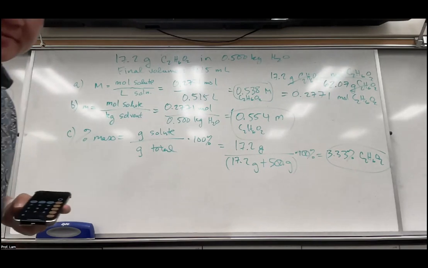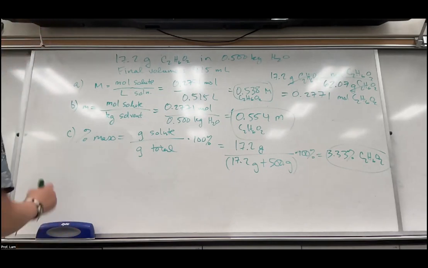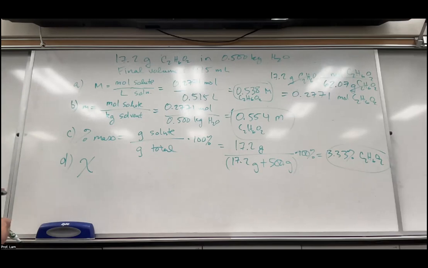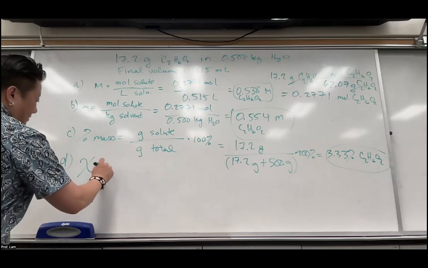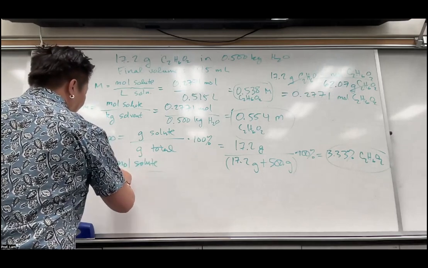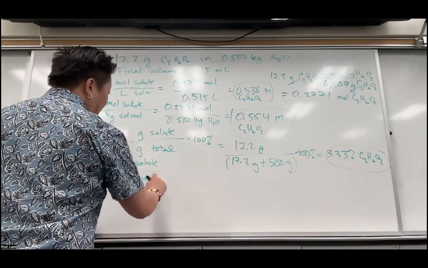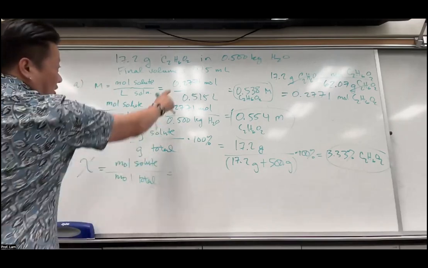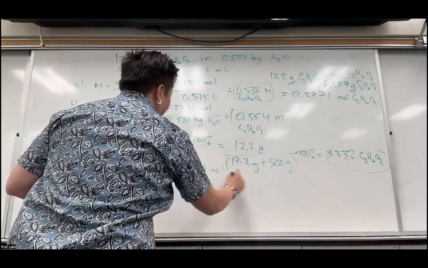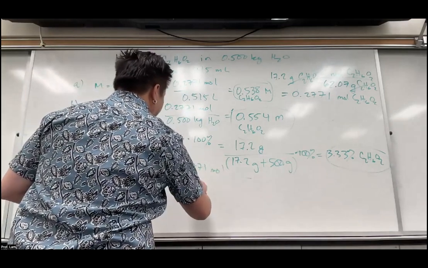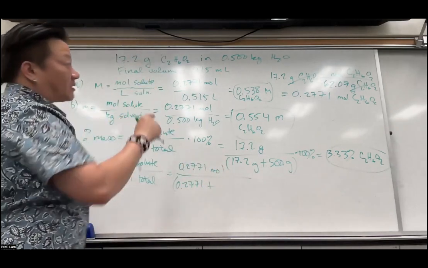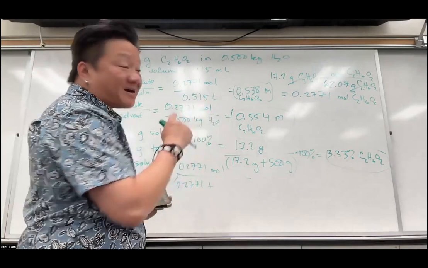Okay. Next one, mole fraction. Mole fraction is mole of solute over mole total. So we had the moles of solute earlier, 0.2771 mole. Mole total, we'll have to take the mole solute plus water in mole. But we don't have water in mole. We have mass though.